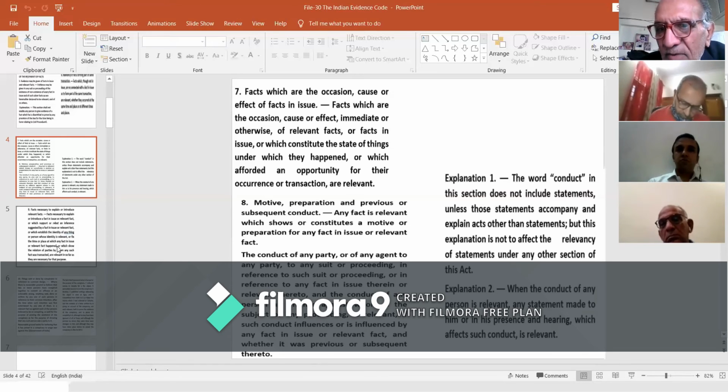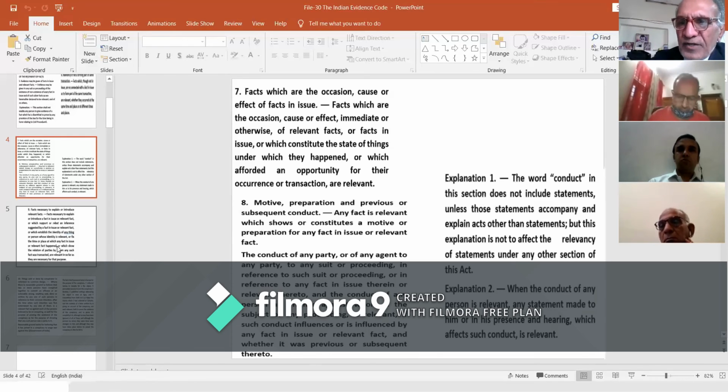And the same is not to influence or affect the other provisions. And Explanation 2 says, when the conduct of any person is relevant, any statement made to him or in his presence and hearing which affects such conduct is relevant.